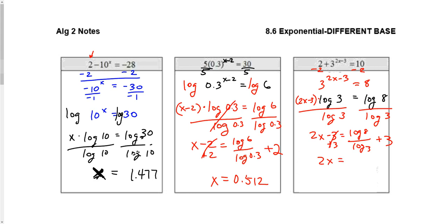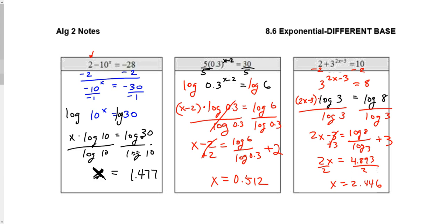Log 8 divided by log 3 plus 3. It's about 4.893. And then just divide that by 2. So I get x equals 2.446, roughly.